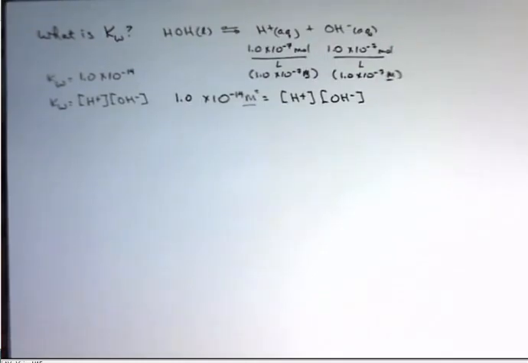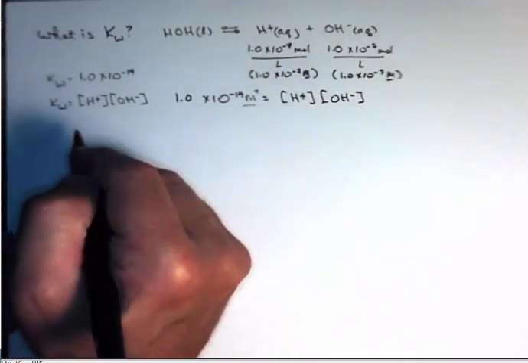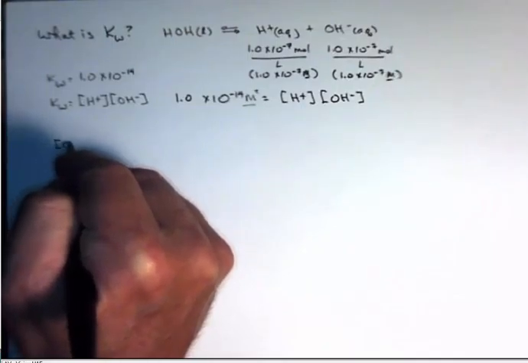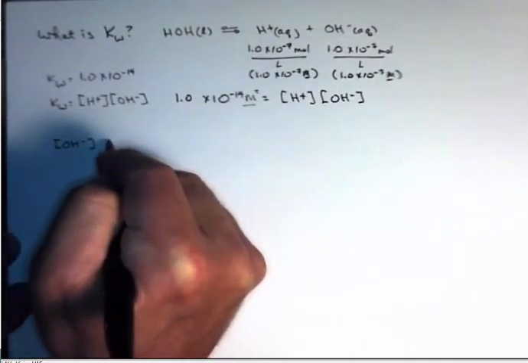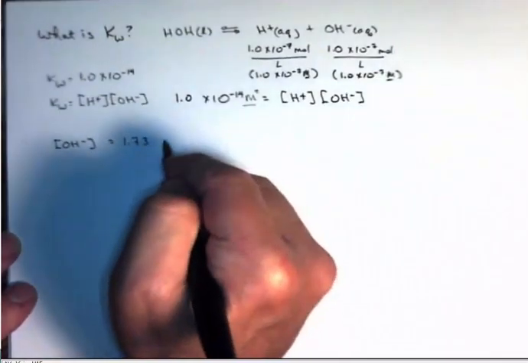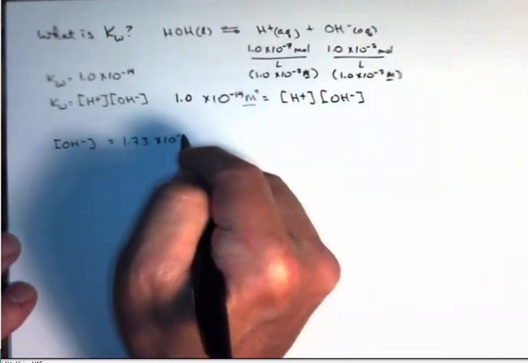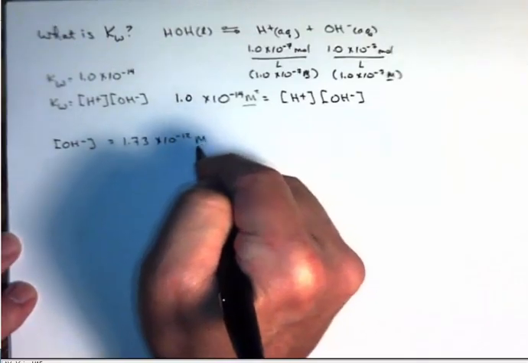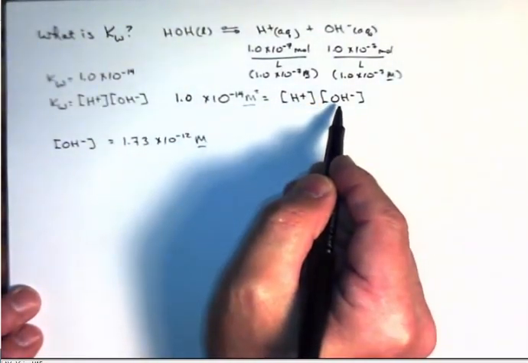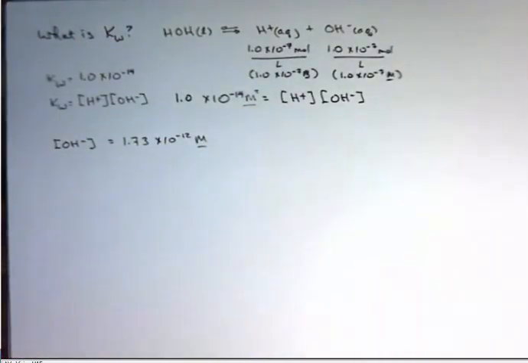And so, if we take the values we had from our homework problem, and we found at the end of the homework problem that we had a molar concentration of hydroxide ions equal to 1.73 times 10 to the negative 12 molar, I can plug this number into this equation and find the hydrogen ion concentration.